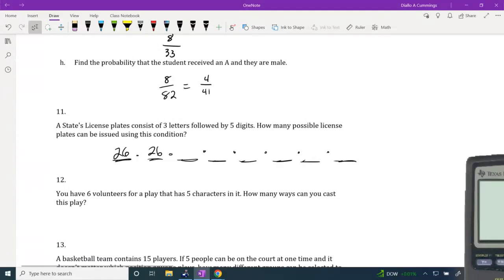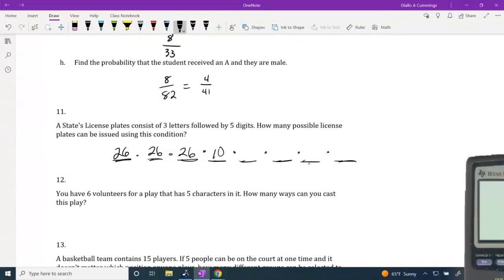Should be that same 26, and then the same 26 for the third letter, followed by 5 digits. So how many digits are there to choose from? Should be 10. So remember, a digit is just a single whole number. So 0, 1, 2, 3, 4, 5, 6, 7, 8, 9. 0 through 9 gives us 10 numbers.